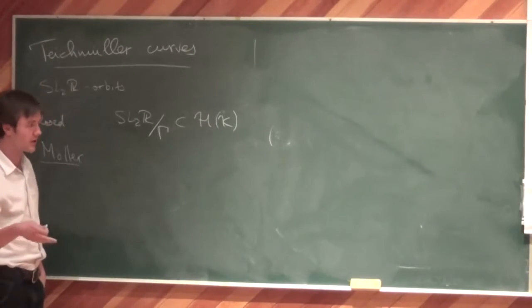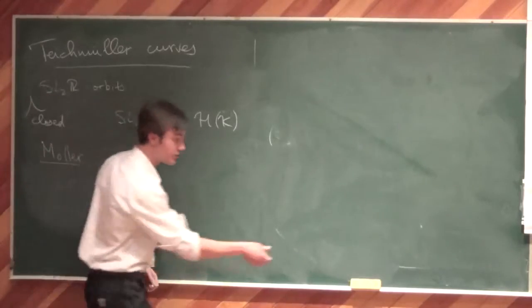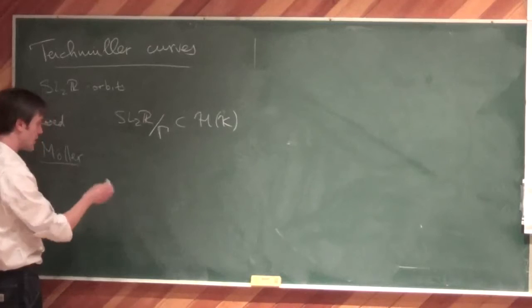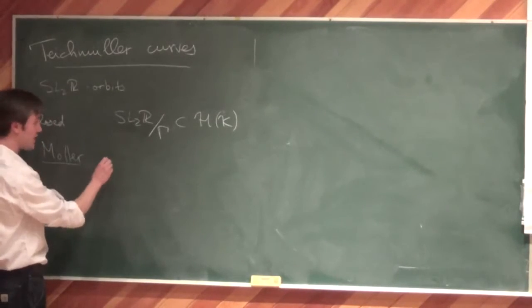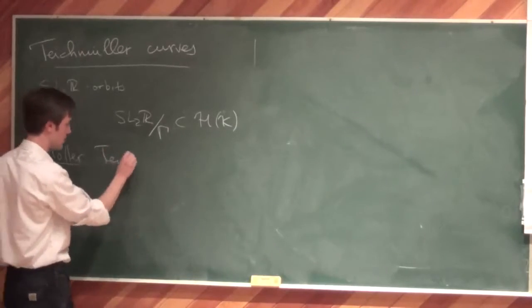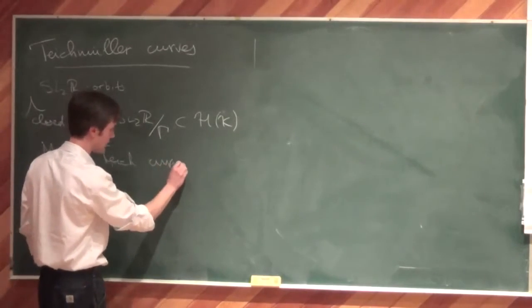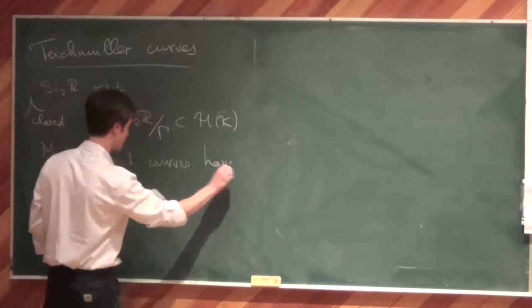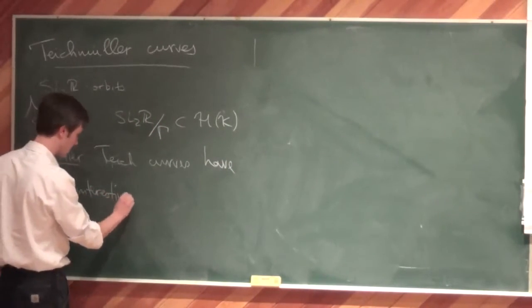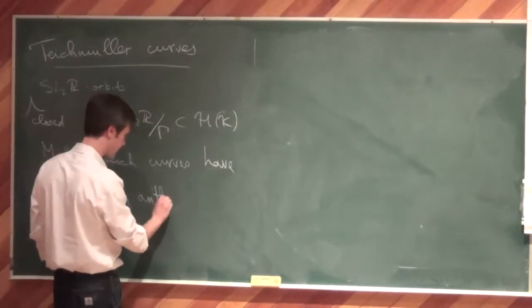Then you can appeal to many theorems in algebraic geometry to study these things. Using that, Moller and other people have shown that these things have interesting arithmetic properties.